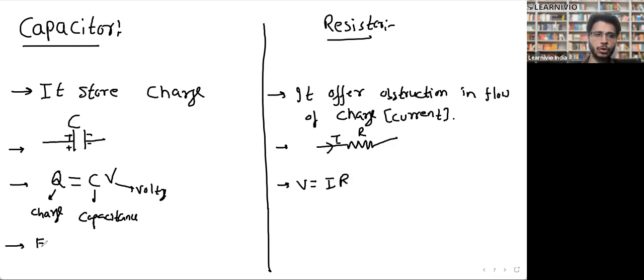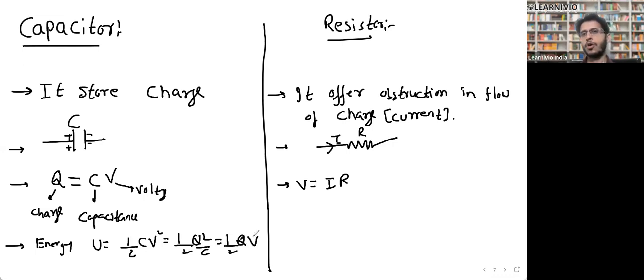Next, energy stored in a capacitor can be given as half CV square, or half Q square over C, or half QV. But when you take a resistor, we don't calculate energy, we calculate power dissipated as heat.